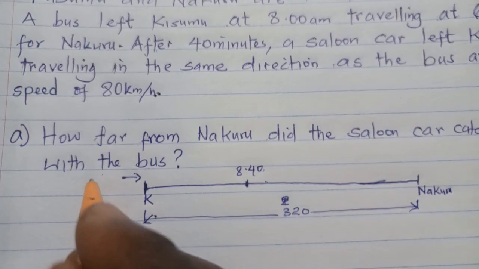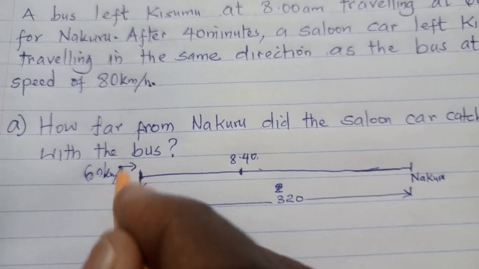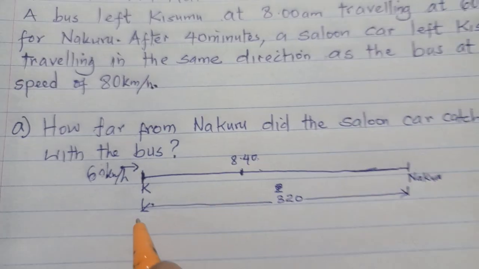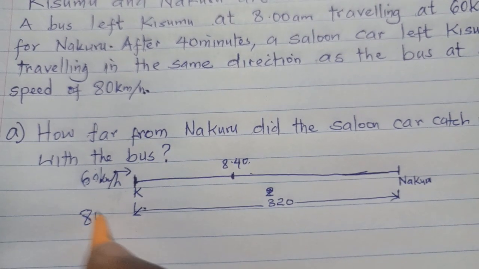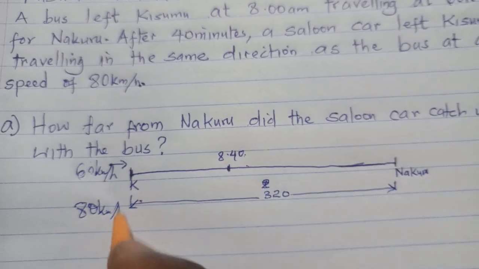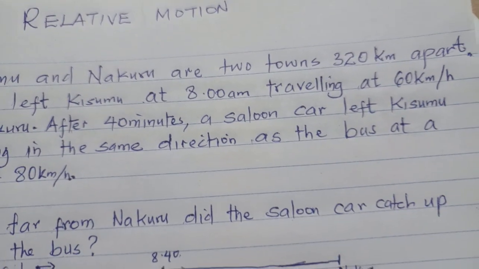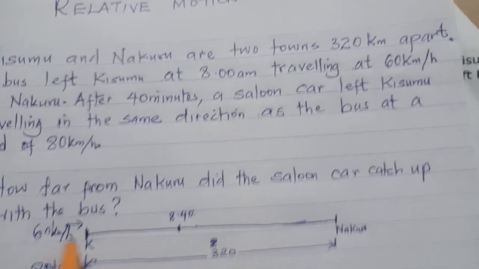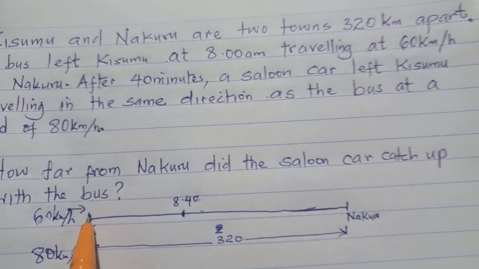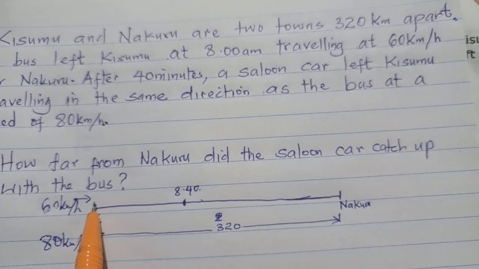The bus moves at 60 kilometers per hour, and later the car moves at 80 kilometers per hour in the same direction. But the bus starts earlier. It begins at 8, then travels for 40 minutes before the car starts.